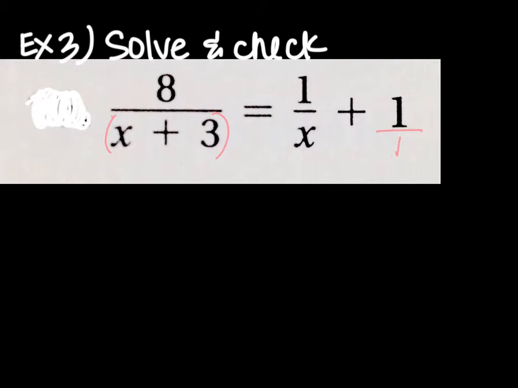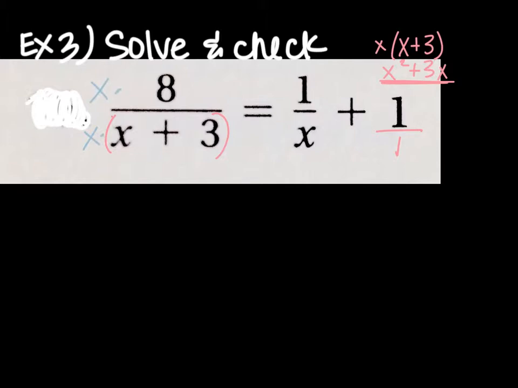Now, if you don't know what I could multiply x plus 3 by to get x, or the other way around, the easiest thing to do is to multiply them together. So if I go over here to the side and do some scratch work, x times x plus 3, I get x squared plus 3x. This will be my new denominator. So what I want you to do is multiply x plus 3 times x.